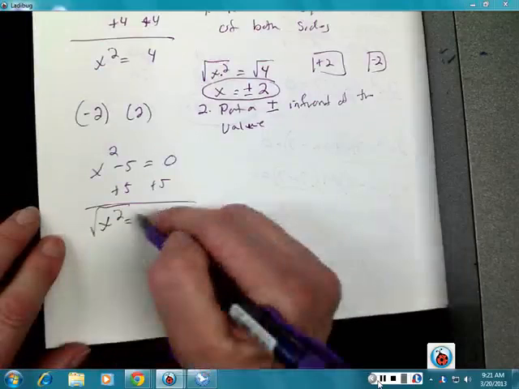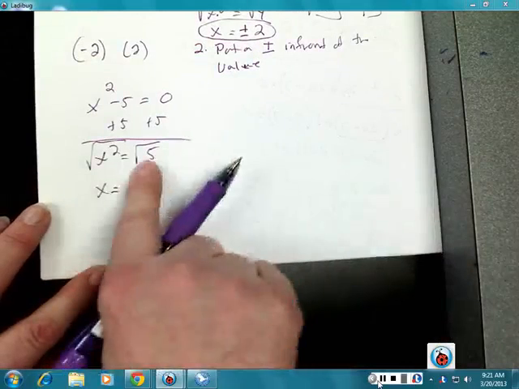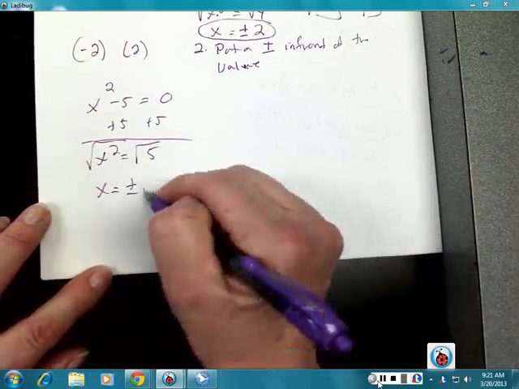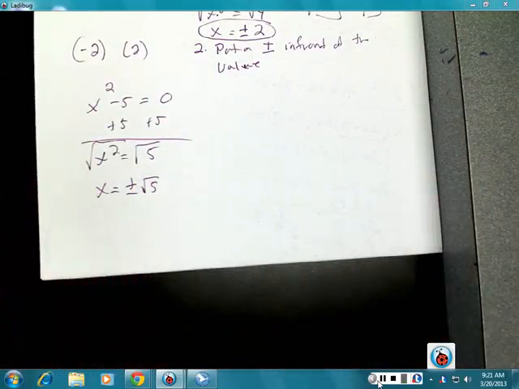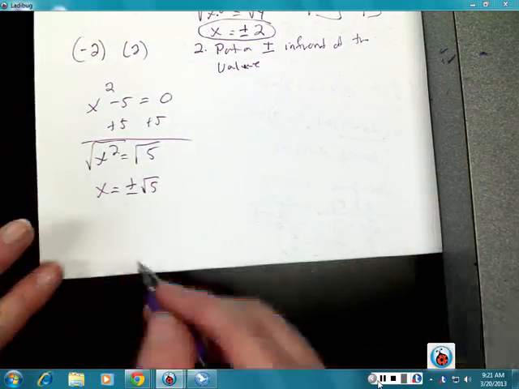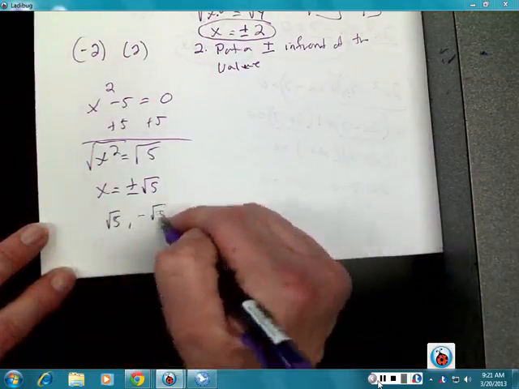Use my square root rule that says if I take the square root of x squared, I get x. Square root of 5 gives me a plus or minus the square root of 5. Again, don't forget to put that plus and minus in there. So my true answer to this one is the square root of 5 and a negative square root of 5. So I can start doing some more with these and come up with answers that give us double answers. That makes sense? Hopefully. Okay.